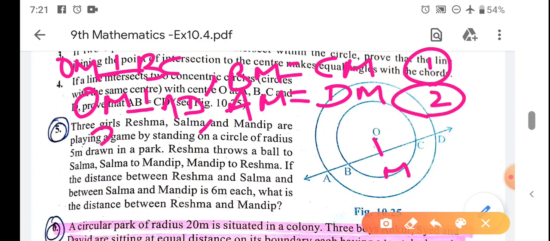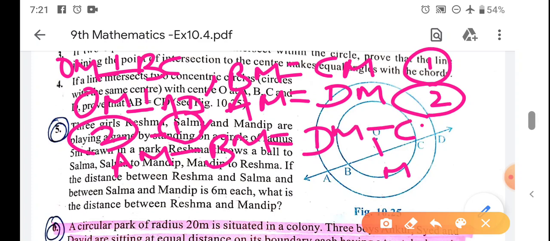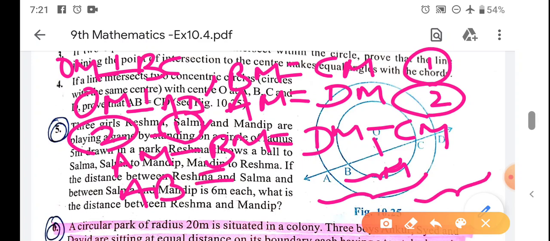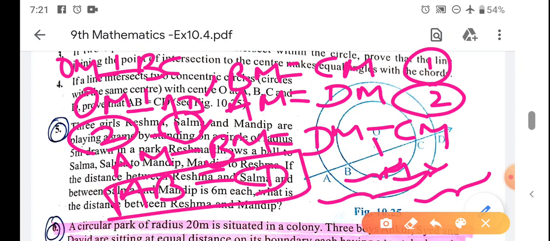Then subtracting, AM minus BM equals DM minus CM. AM minus BM leaves AB, and DM minus CM is equal to CD. So AB is equal to CD, hence proved.